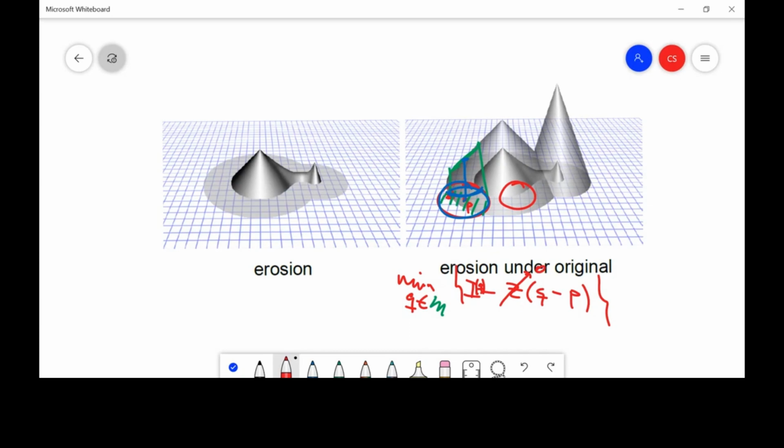And the same happens at the peak. At the peak, you place the structuring element at the peak, but you have to take the minimum in all this grid area. The minimum in the green area is this one. So that is why you are decreasing the size of the peak.